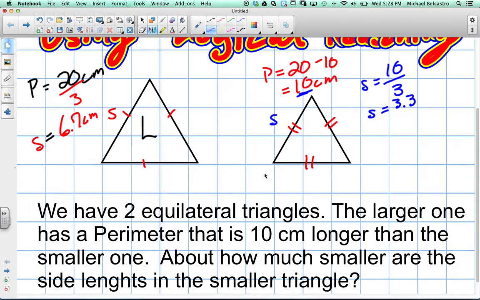So, the question asked us how much smaller are the side lengths. How do we figure out how much smaller they are? We know the large triangle has 6.7 and the small triangle has 3.3. Do 6.7 subtract 3.3.